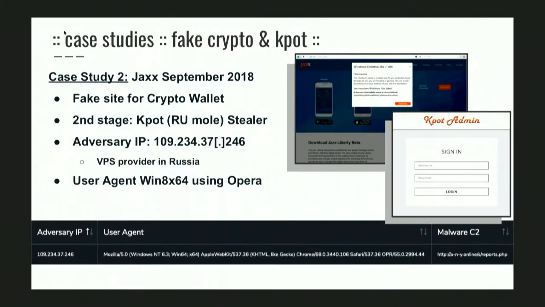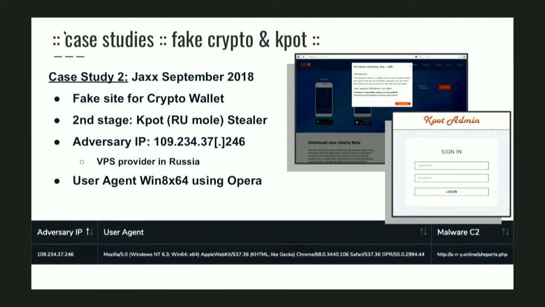Second case study. I mentioned K-Pot earlier. So back in September of 2018, and this is actually an ongoing threat, these knuckleheads will go out and take a look at what popular crypto coin software exists out on the internet.